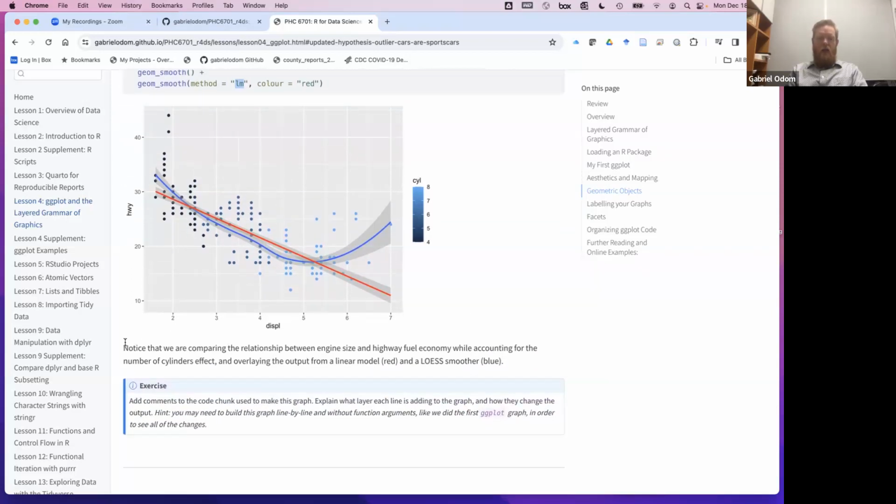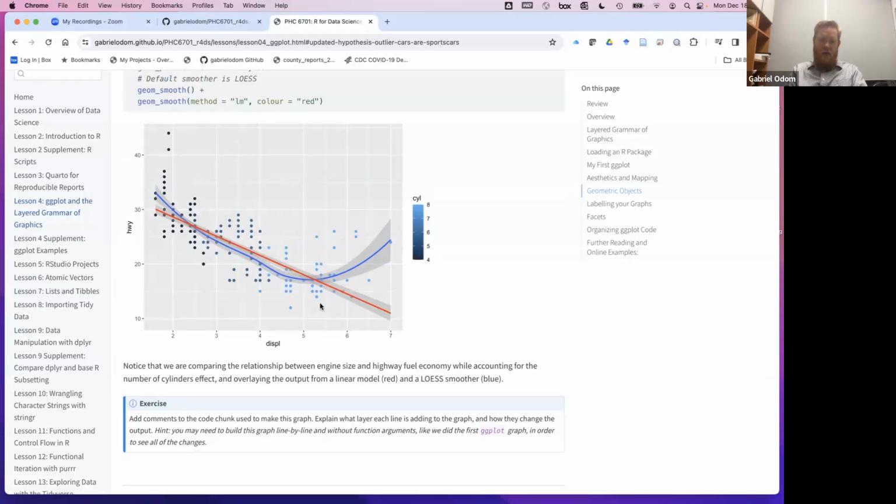And again, I have a comparison here. Notice that we are comparing the relationship between engine size and highway fuel economy while accounting for the effect of the number of cylinders and also overlaying 2 smoothers, both a linear smoother and a LOESS smoother.